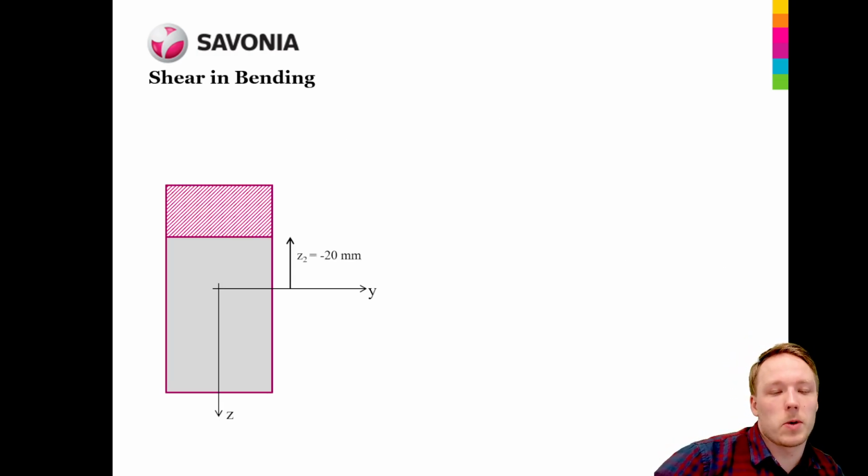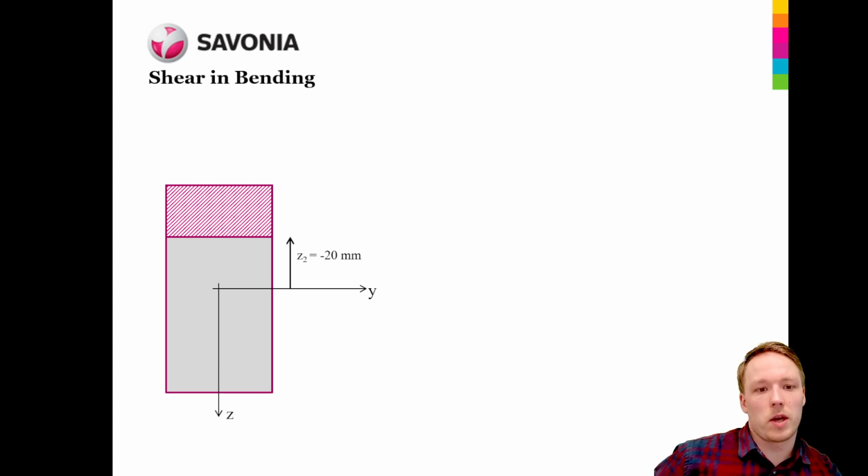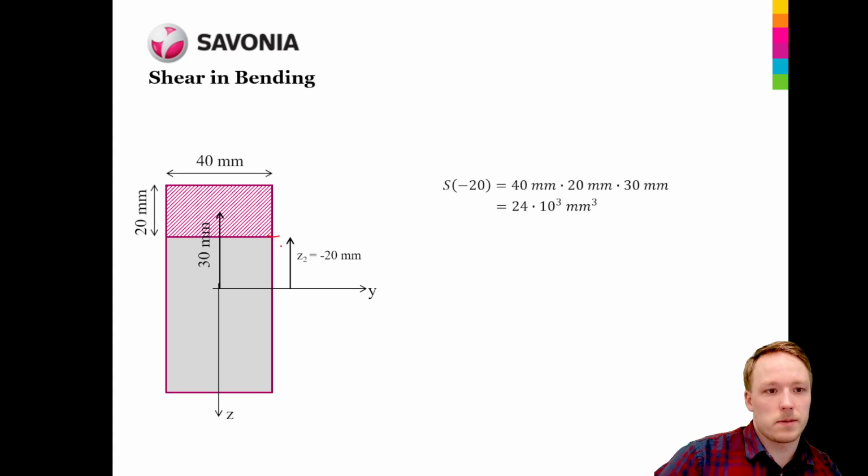But when we want to calculate the shear stress at location minus 20, so 20 millimeters from the neutral axis, we can actually now start calculating the shear stress. The shearing off area is 20 millimeters by 40 millimeters. So S at minus 20: 40 millimeters is the width, by 20, so this is the area, this here.